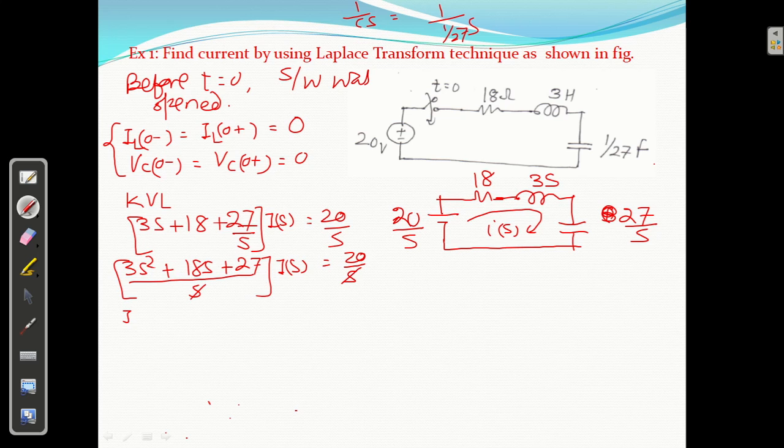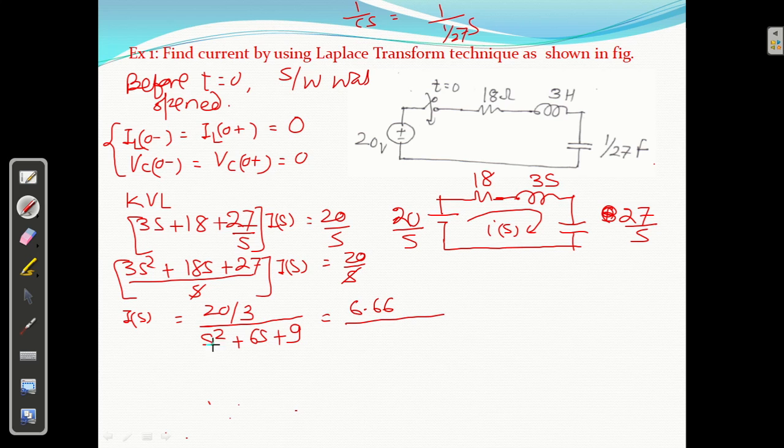So you will get I(S) equal to 20 by 3, taking 3 common, so the 3 comes below, into 1 upon (S square plus 6S plus 9). This 20 by 3 means 6.66.